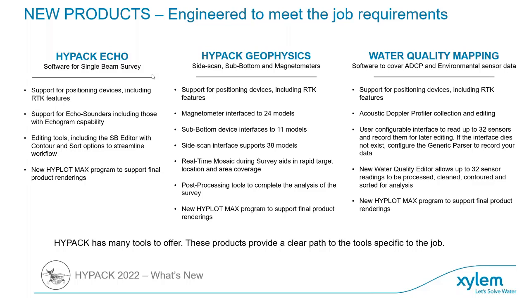Water Quality is specific towards ADCP and other environmental sensor devices and processing. If you check your license manager and it says HYPACK Echo instead of HYPACK Ultralight, don't panic. It's still basically the same package, but you get a few more features.